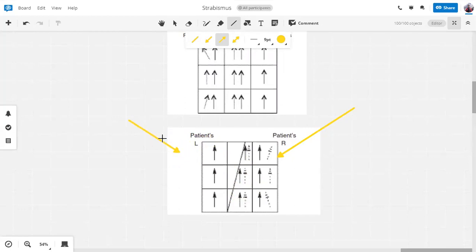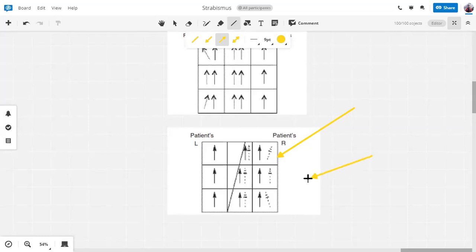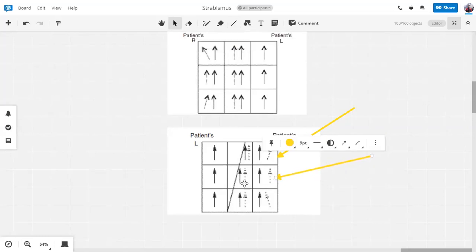What else? Diplopia center में जाता है या peripheral पे जाता है? Peripheral पे जाता है, right? So we can see that the diplopia is more in this box as compared to this box. Okay, what does this signify?